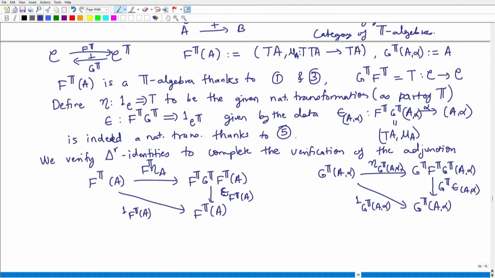Okay, perhaps we should simplify certain arrows and then only we will understand what's really going on, if we can. So what is ε_{A,α}? We defined it to be α. Okay, so G^T α, this is G^T α. And η sub this, okay, that we understand. So what is G^T(A, α)?